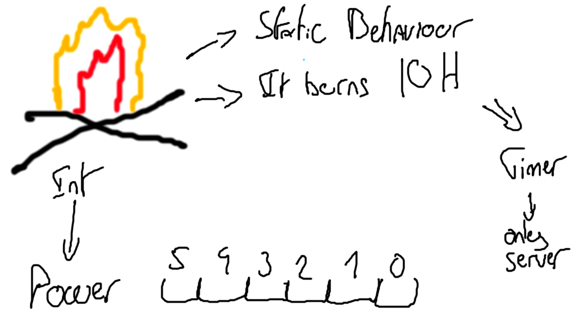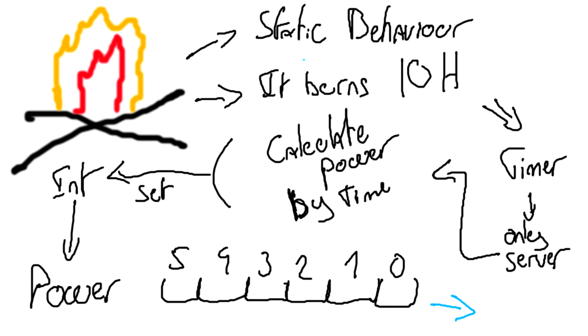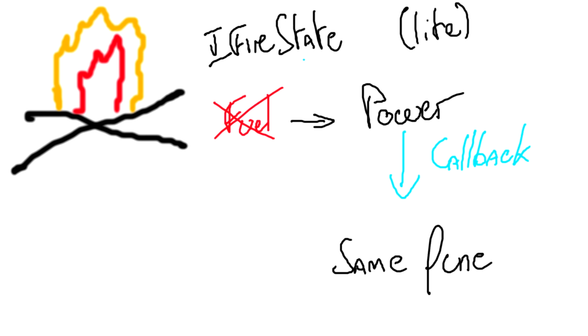This timer will help us to calculate the power by time, and each time we need to change the power from 5 to 4 and from 4 to 3 and so on, we will set the integer corresponding to the power on our state, and then every client will receive this change, which will call the callback on each client and will help us to manage the fire visual and interactions.